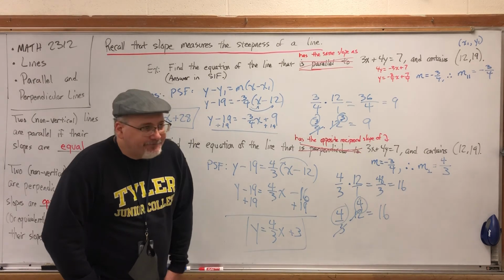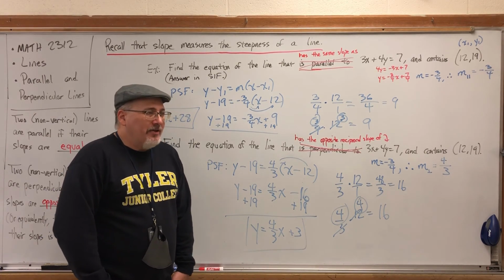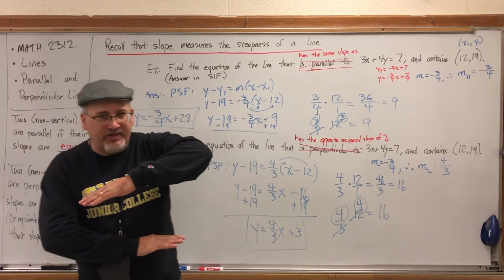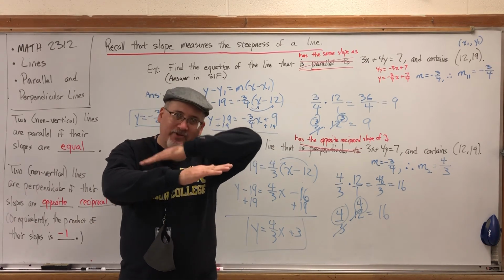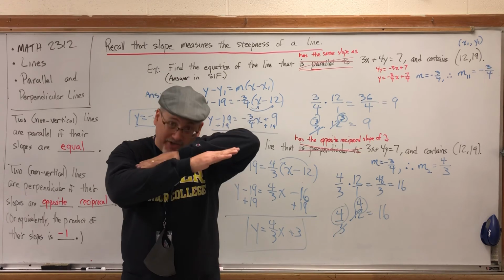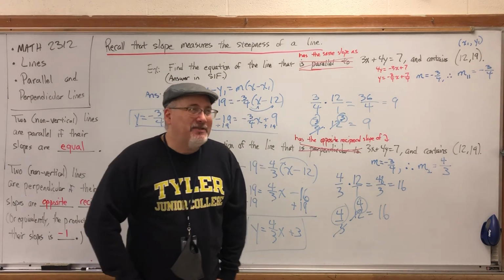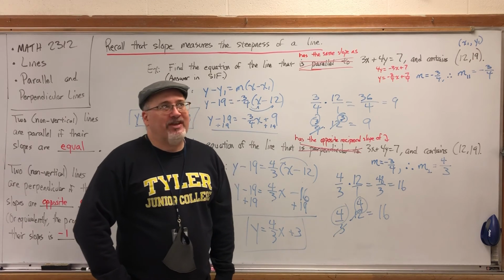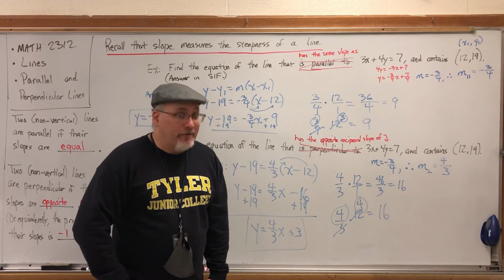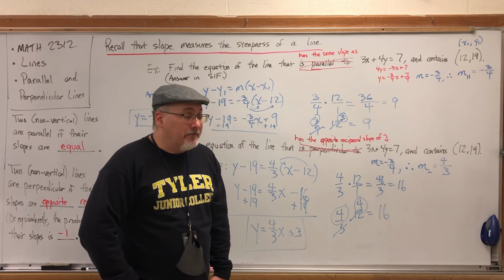Well, almost. It is worth pointing out that two lines are parallel if they have the same slope, but they can't be the same line. Otherwise, they would not just intersect at a point, they'd intersect completely. So technically speaking, you would say that two lines are parallel if they have the same slope, but different y-intercepts, making them different lines.